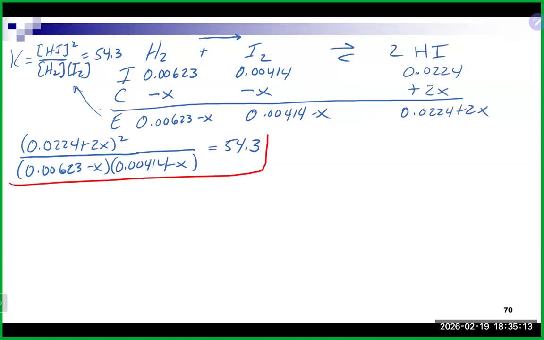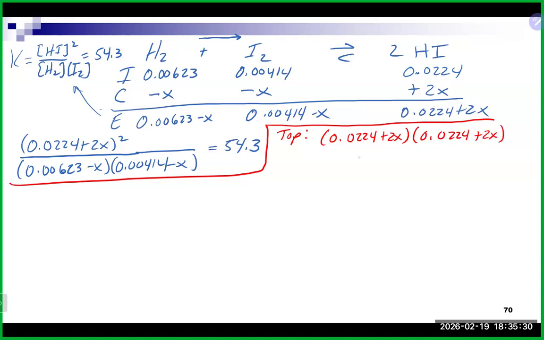Maybe I'll just put a little box around that. All right, so on the top, we've got 0.0224 plus 2x, times 0.0224 plus 2x, and again, in and out on both sides. So if you do that, I'm going to go a little scientific notation just so I don't have so many zeros flopping around in my numbers.